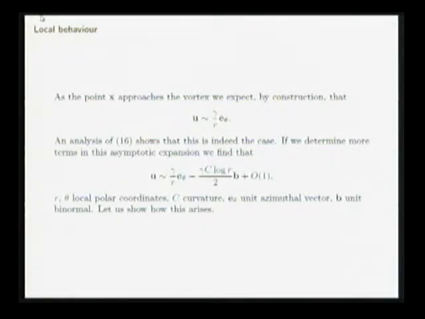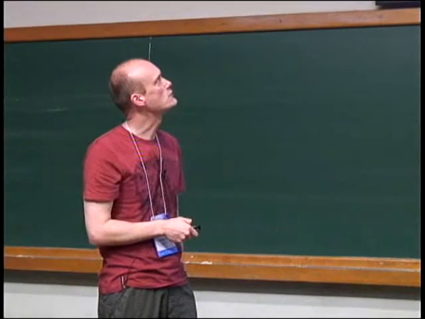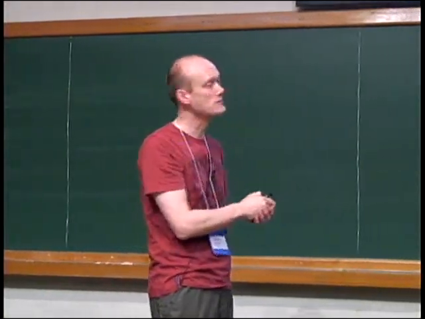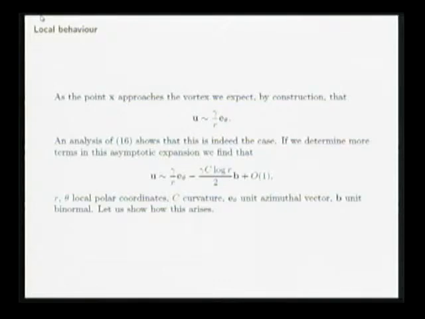So as the point x approaches the vortex, I expect that this fluid velocity, in terms of my local polar coordinates, should look like the strength of the vortex divided by r in the azimuthal direction. And if you do an analysis of that Biot-Savart formula, you find that that is indeed what you get, as was demonstrated this morning.